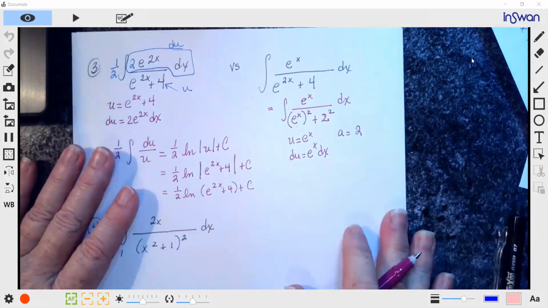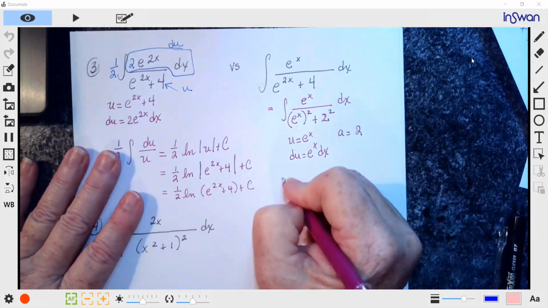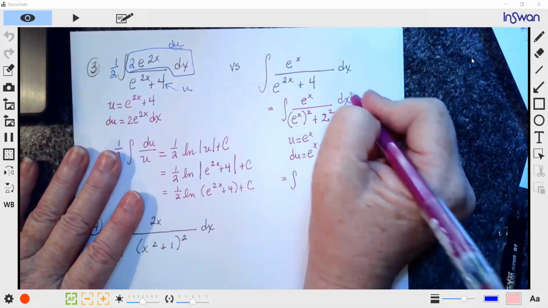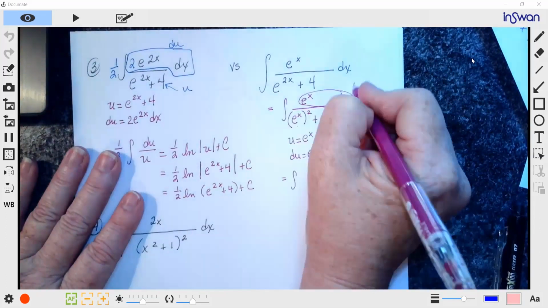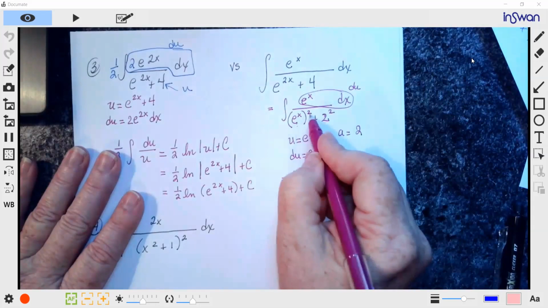All right, so we would have, in terms of writing it as an integral on my list of 18 things I know how to integrate, this part would be du. This is u squared plus a squared.